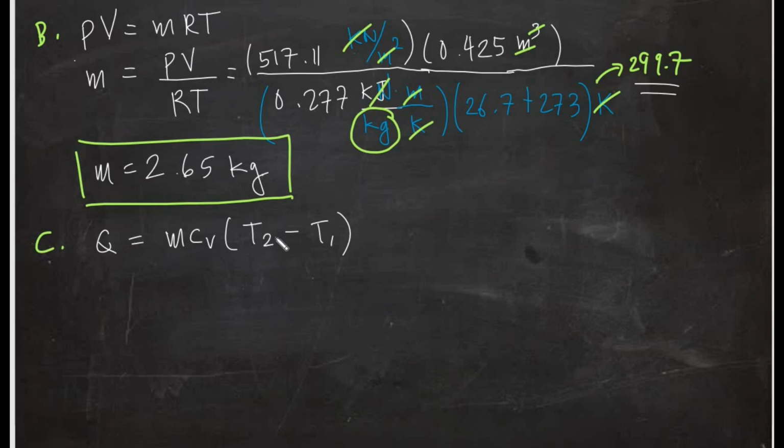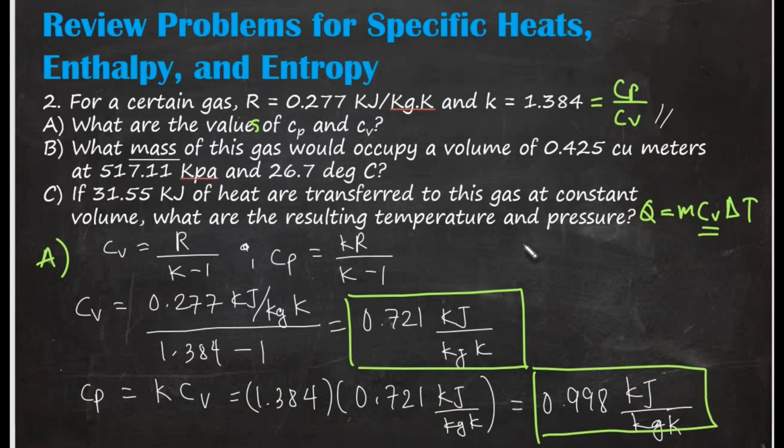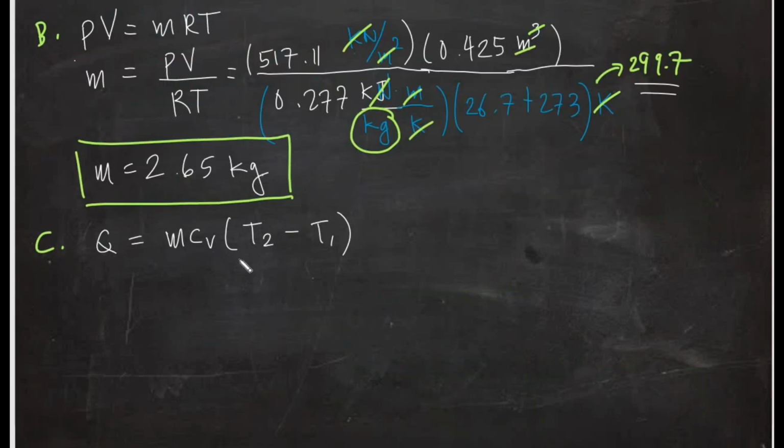And then we will have to solve for T sub 2. That is how you'll solve for T sub 2, and then for the pressure, we would have to use the combined gas law.